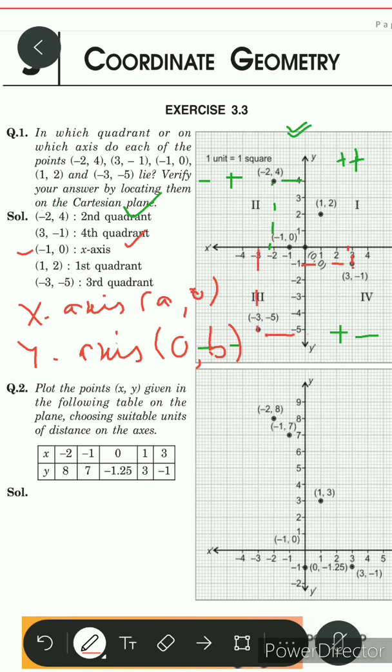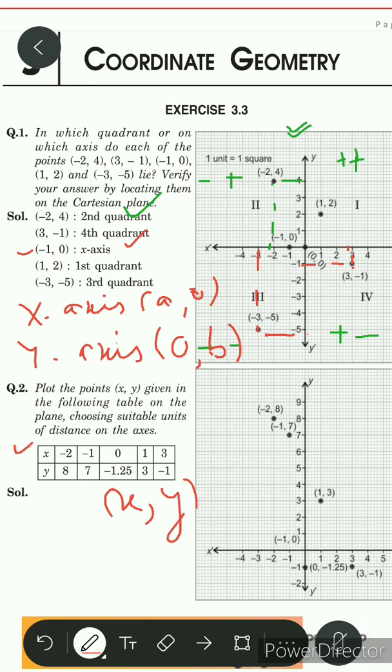Question number 2. Plot the points x comma y given in the following table on the plane, choosing suitable units of distance on the axis. Draw the coordinate axes. It is given in tabular form. All the points are represented by an ordered pair x comma y.